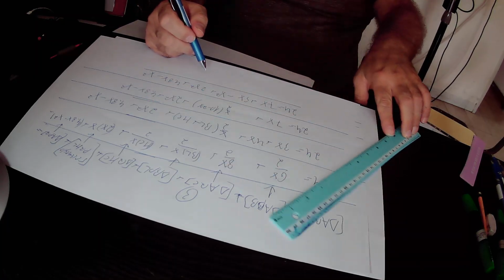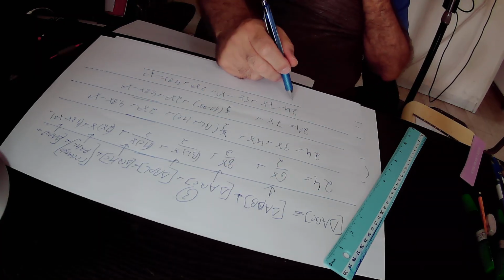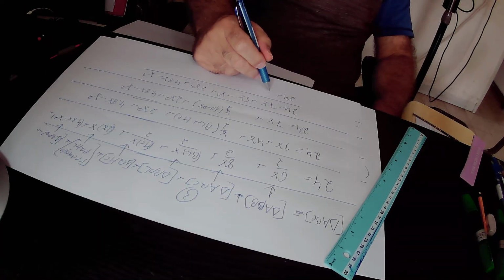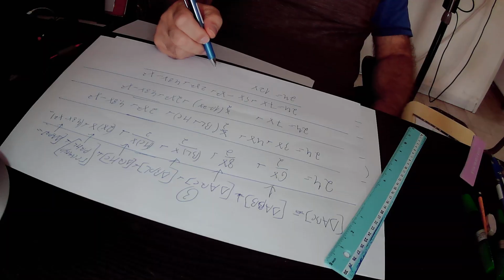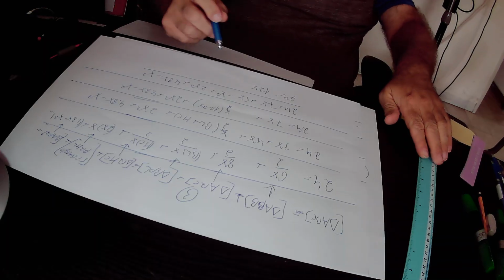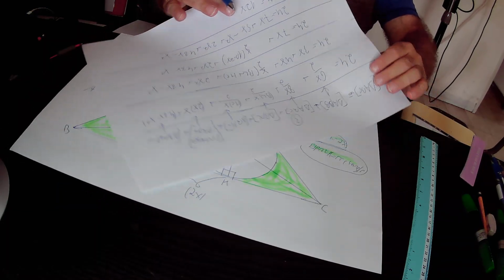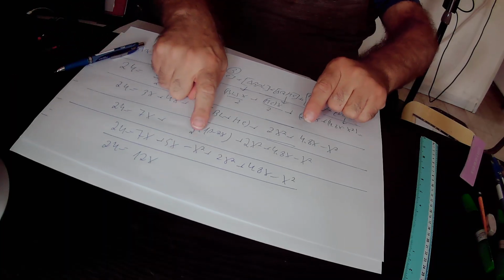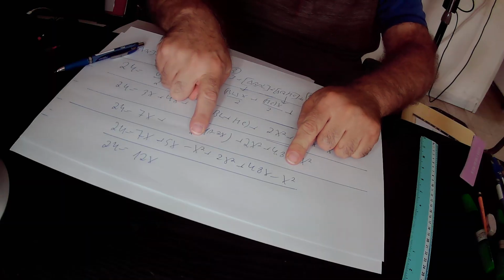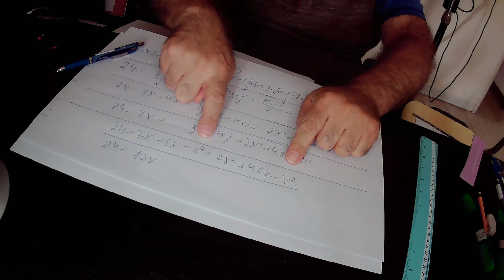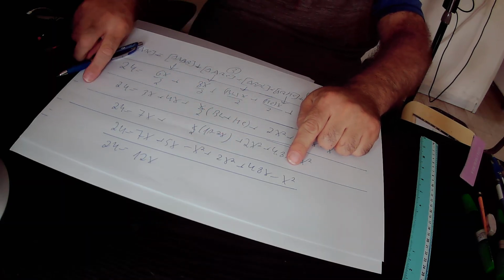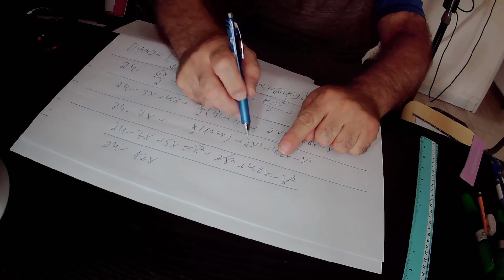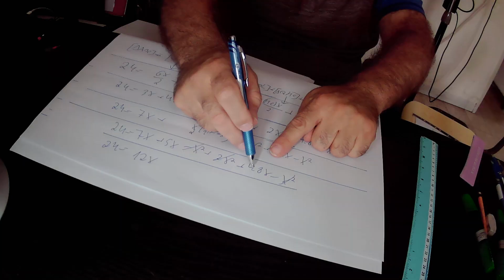We continue to simplify this expression and get that 24 equals 7x plus 5x is 12x. Here we have minus x squared minus x squared is minus 2x squared, and minus 2x squared plus 2x squared is 0. So those three expressions cancel, and we are left only with 4.8x.